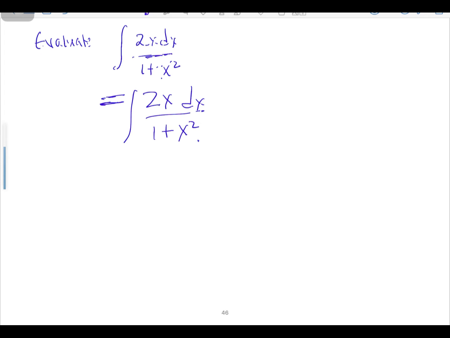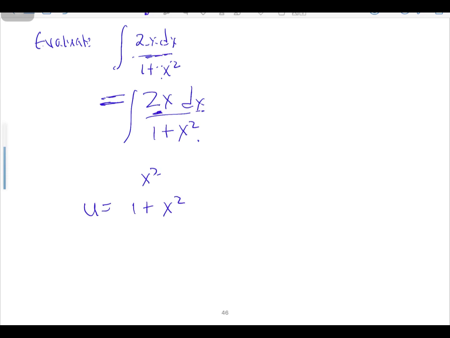As you can also observe here, this 2x over here is the derivative of x squared. So as soon as you see this, you need to know that you can use substitution to solve this. And therefore, you can say let u equal to 1 plus x squared.